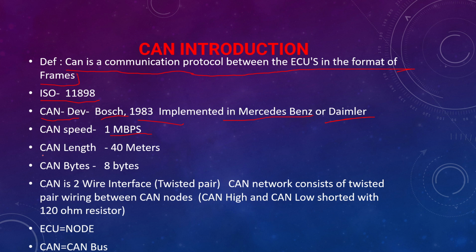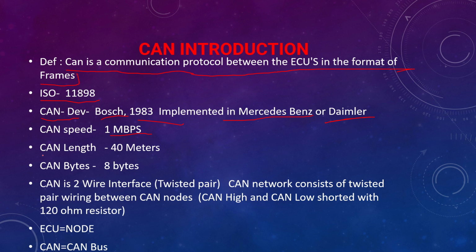If you increase the length of the CAN bus, for example, at 40 meters it will transmit 1 Mbps. If you increase it to 100 meters, the speed is 500 kbps. If you increase it to 200 meters, the speed is 250 kbps.